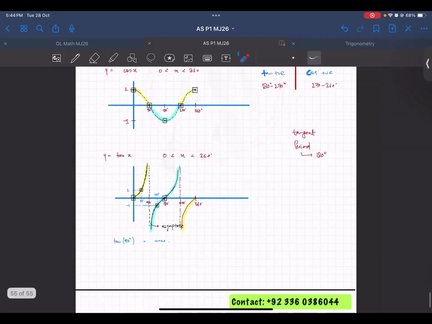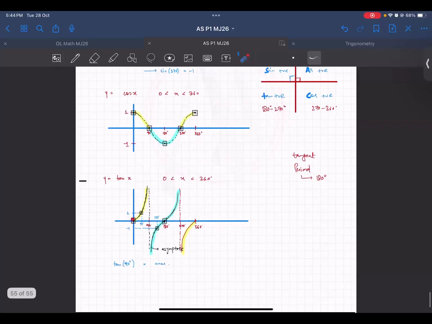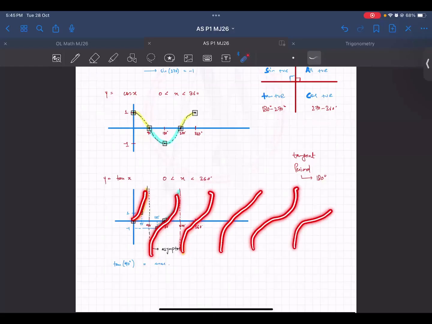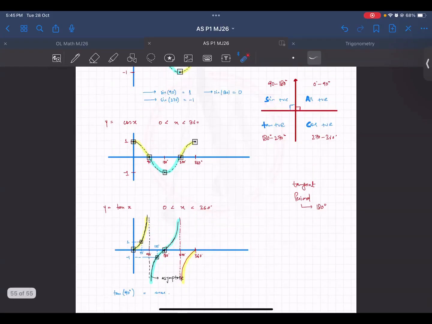Then the tan graph as well, this is very unique, different than the sine and cos, and this will also keep on continuing like this. Asymptote, I think we have discussed them before as well, but this is also repetitive. So periodic graphs.